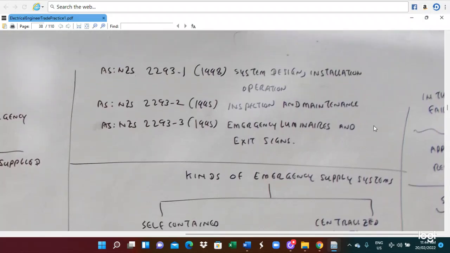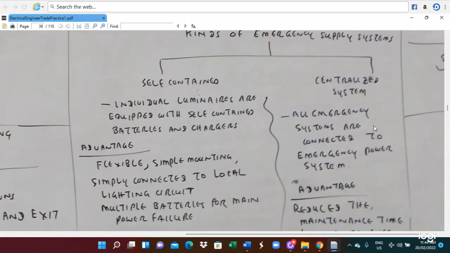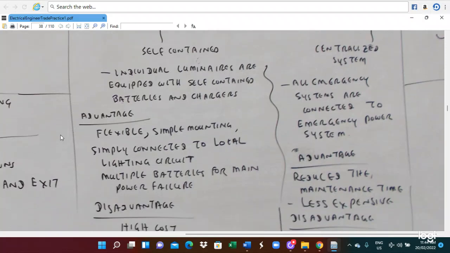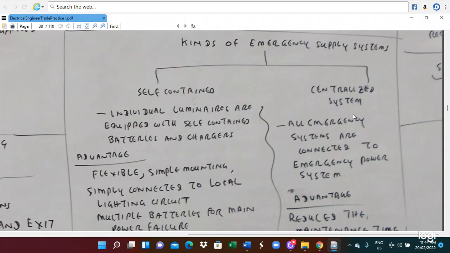The kinds of emergency system are self-contained or centralized. Self-contained means each individual luminaire is equipped with its own battery and charger. Its advantages are flexibility, simple mounting, simple connection to the local lighting circuit, and battery backup for mains power failure; the disadvantage is high cost. In a centralized system, all the emergency lights are connected to the emergency power system.